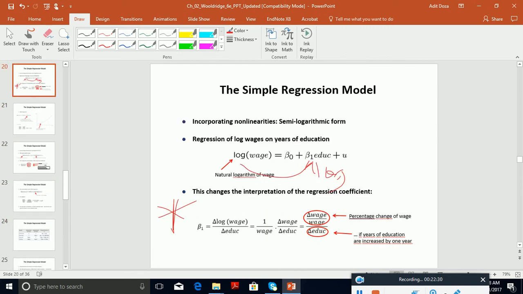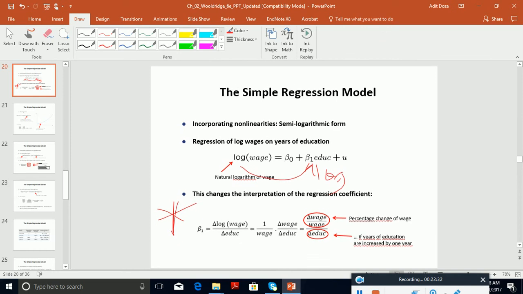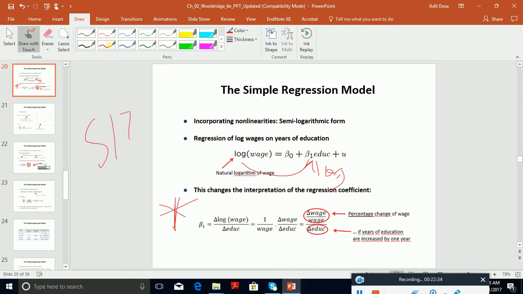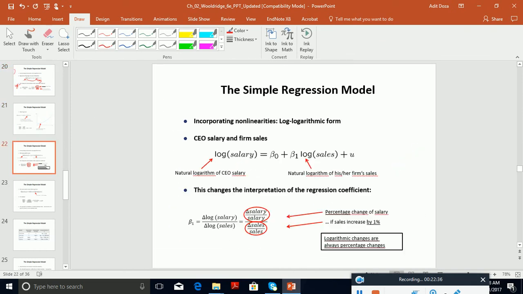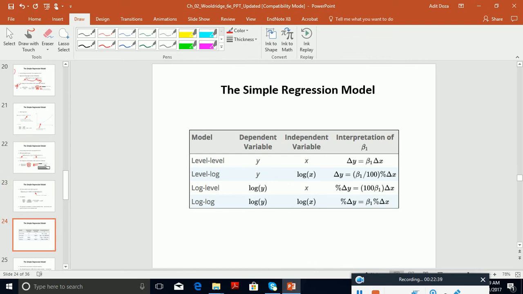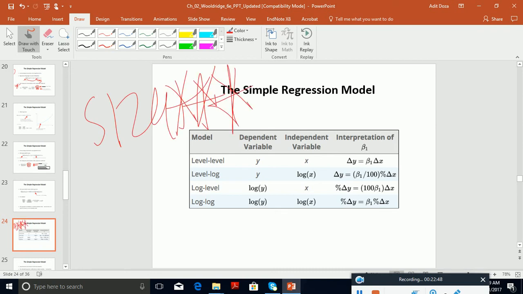Okay, so slide, what was it? Slide 20 of chapter 2. And definitely slide 24 is the most important. If your dependent variable is y and it's x, then the interpretation of beta is this. Okay, you can write this in your formula sheet.